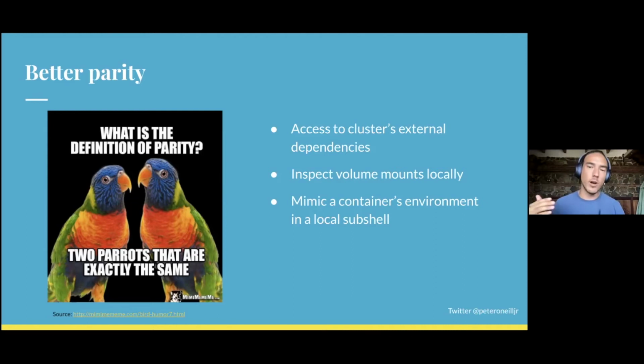And if you are doing volume mounts for any of your containers, you can then mount these locally down to your machine, and you can inspect these files locally as the containers in remote clusters would see them.